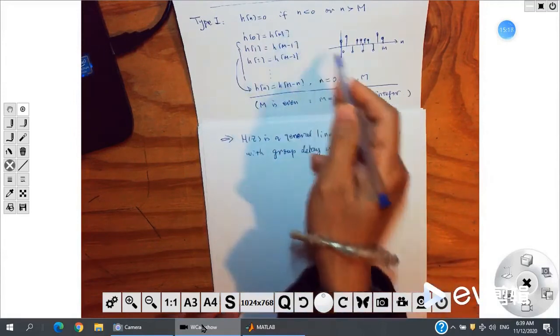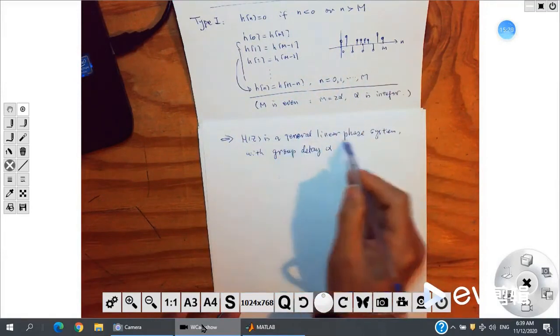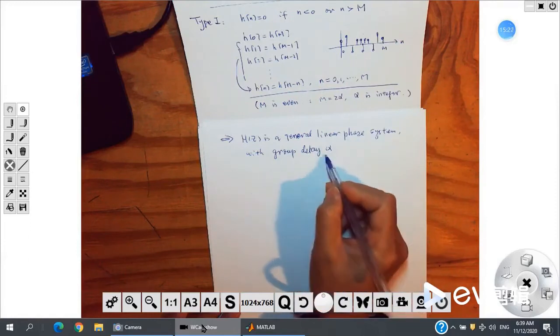If you just have this, you know it is a generalized phase. We can only have group delay, not delay. If you want a delay, you need to do more work.